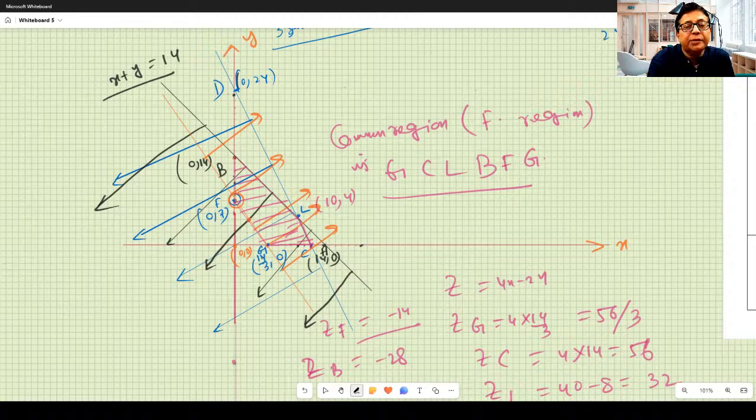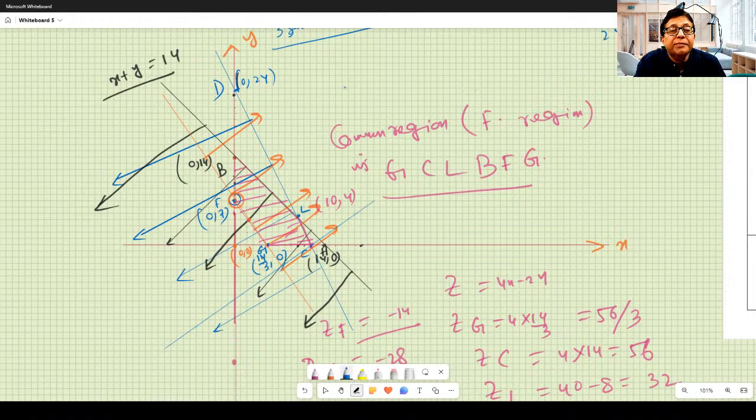And minus 28 somewhere like this. Okay. So the line you take now, which you are going to move, is the line. Since it is a minimization problem, you have to move it towards the origin.